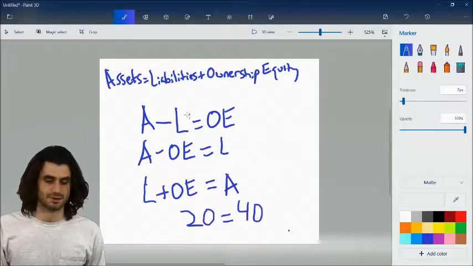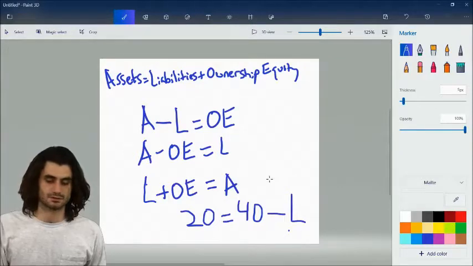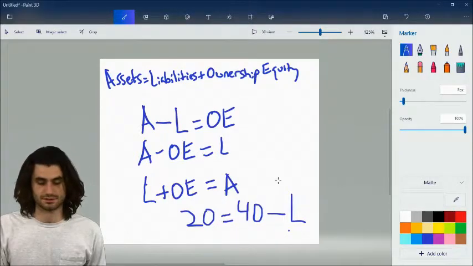Using this top equation, you've got 20 as your ownership equity and 40 as your assets, so you'd have to subtract and figure out what L would be. 40 minus 20 is equal to 20.